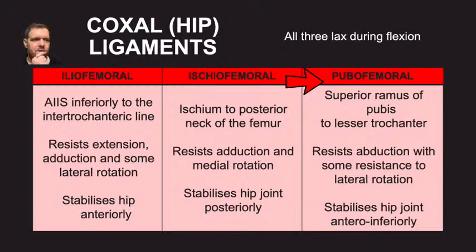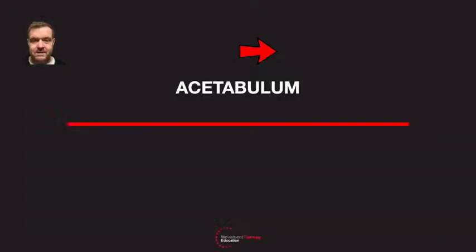So, for example, being tackled in rugby, your hip is in flexion, and then someone else lands on you. There's a potential for hip dislocation. Otherwise, it's a pretty solid joint, and very, very unlikely to dislocate. It's quite unusual if it does. There may be some other kind of pathology going on if it does.